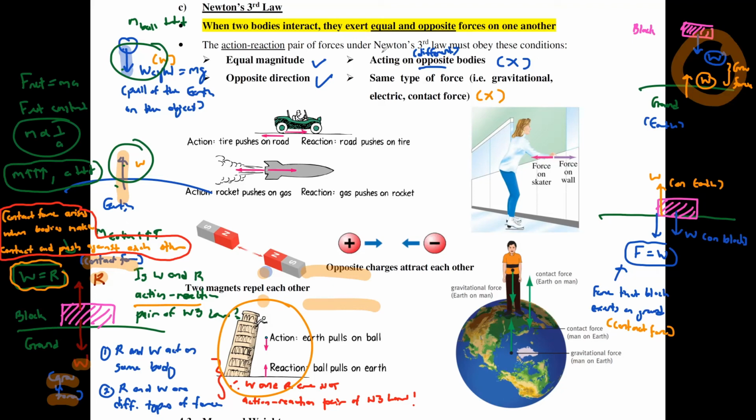There's a force that the block will now exert on the ground because the ground is blocking the way. The force that it exerts is actually equal to the weight itself. An example I can give you is something like this. If let's just say you're a person here, you stretch your hand outwards. This is your palm, for example.